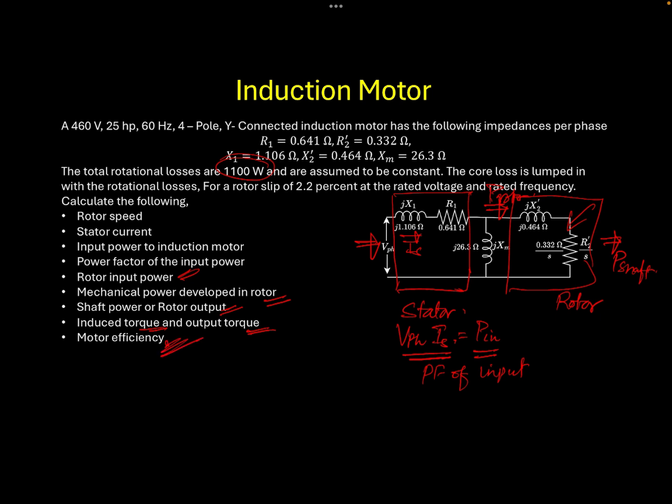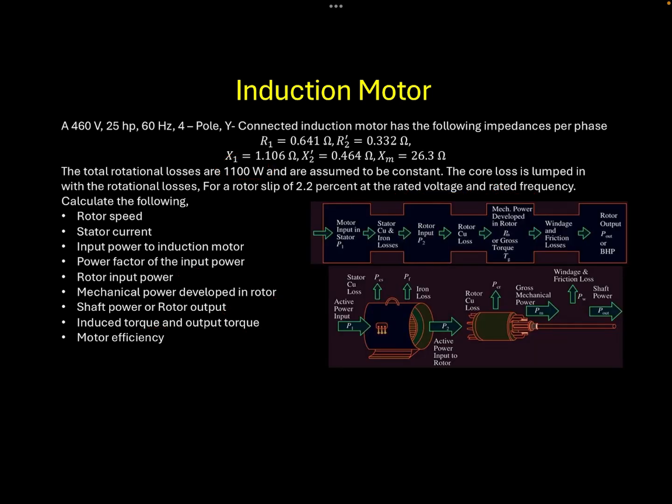and then we will be able to get the motor efficiency. Now if you try to understand how exactly the power flows in an induction motor, we are already giving an amount of power to the induction motor stator, and now the stator has some amount of losses, which we call stator losses, and then the remaining power after the stator losses from the input power is what passes on to the rotor.